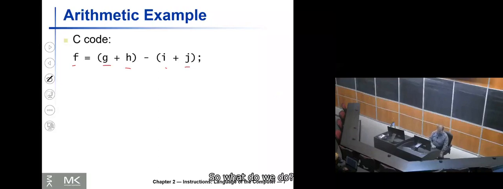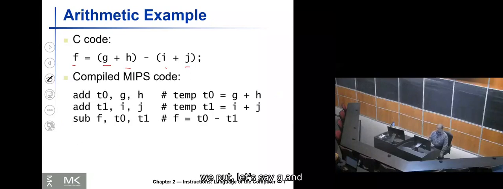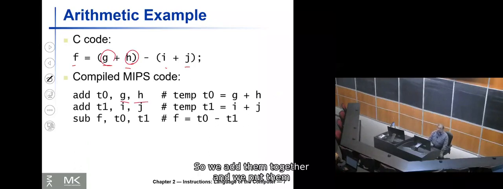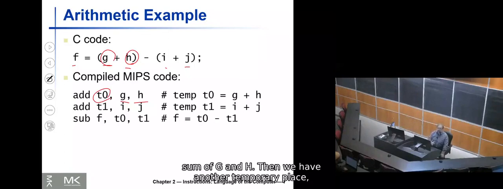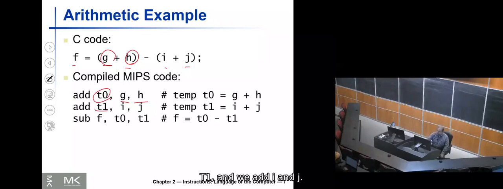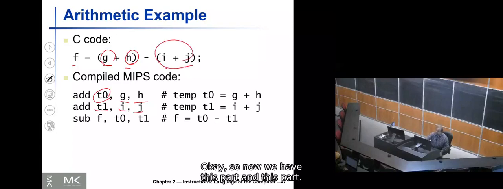So what do we do? We do them two by two. For example, let's say G and H are two things that we can add together. So we add them together and we put the result in a temporary place. We call it T0. So T0 gets the sum of G and H. Then we have another temporary place, T1, and we add I and J. Okay, so now we have this part and this part.